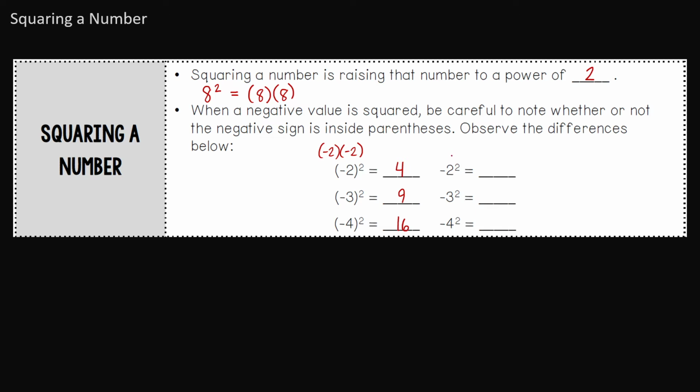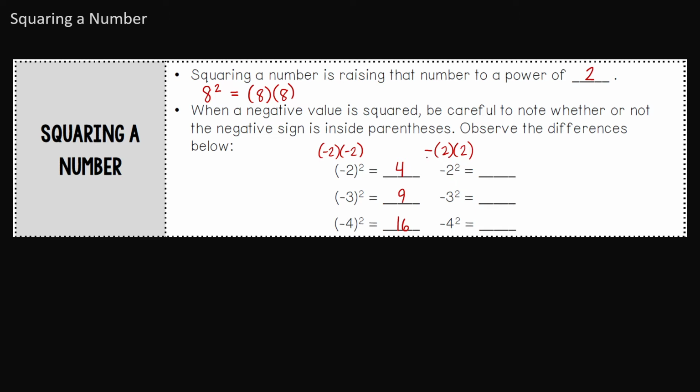Now let's look at these. Notice how the negative is not inside the parentheses, which means we're not actually squaring the negative. This is the same as writing negative 2 times 2. So the outcome will always be negative in this case.